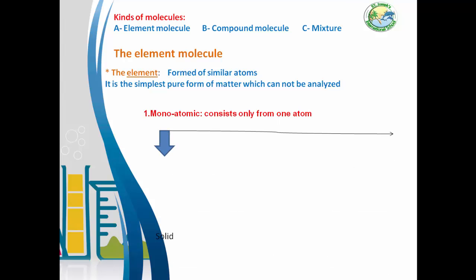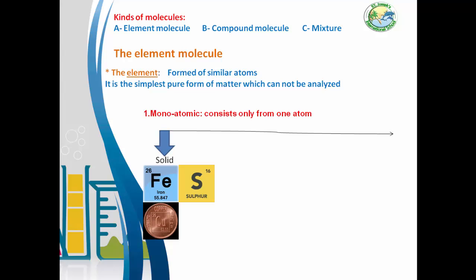It may be solid like iron, sulfur, copper, and aluminium. So if you see, it's only one atom of iron, one atom of sulfur, one atom of copper, one atom of aluminium. Monoatomic means it consists of only one atom.